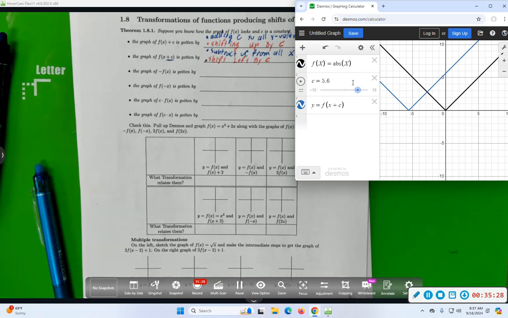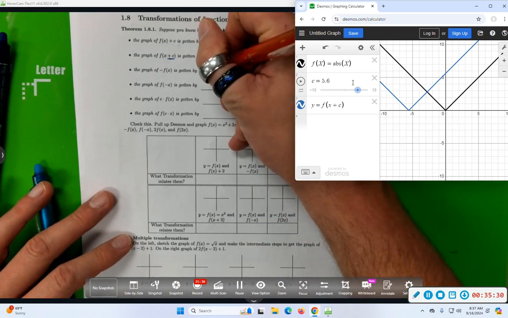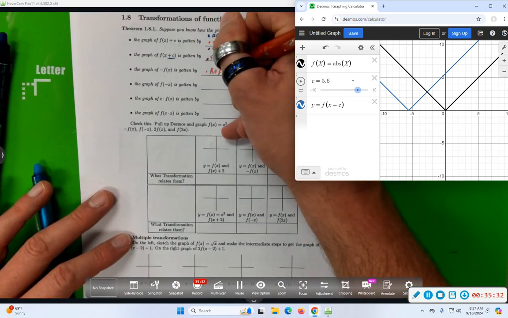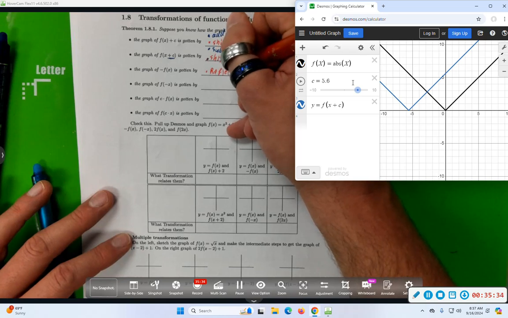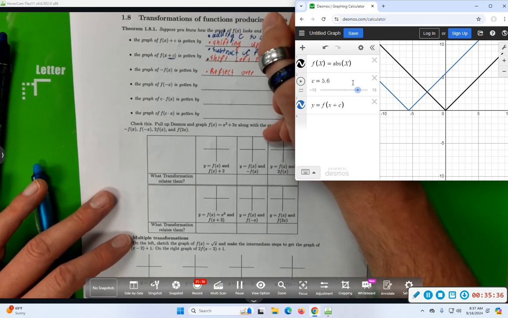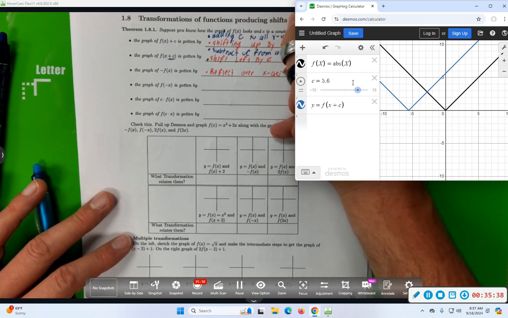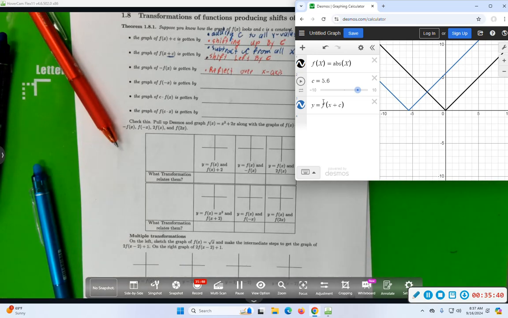So let's write that down. Reflecting over the x-axis. And again, let's just see if that actually happens. Does that look like you've just reflected the original graph over the x-axis?